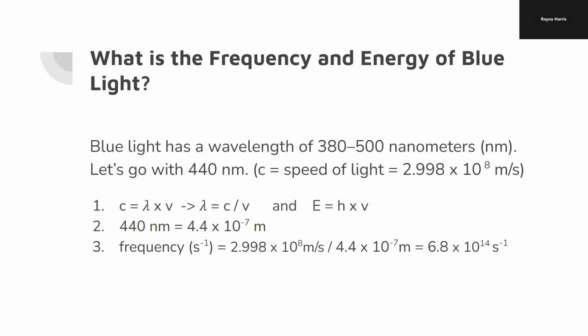And then our frequency is indeed 6.8 times 10 to the 14th inverse seconds. So when you write this S to the -1, it means inverse. It means 1 over S. So it means per second, not seconds. Just think per second. 6.8 times 10 to the 14 waves per second.